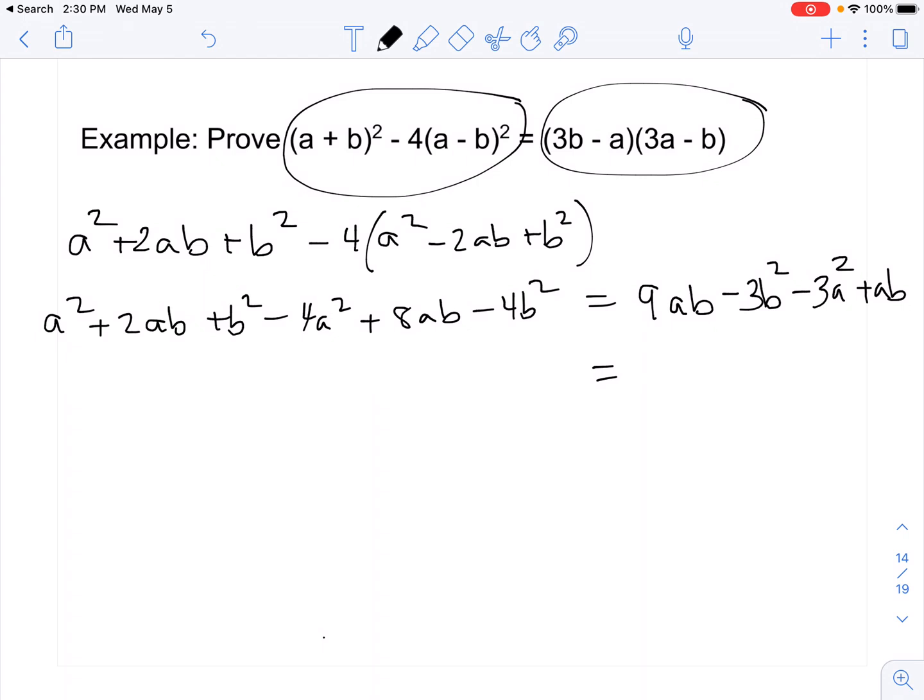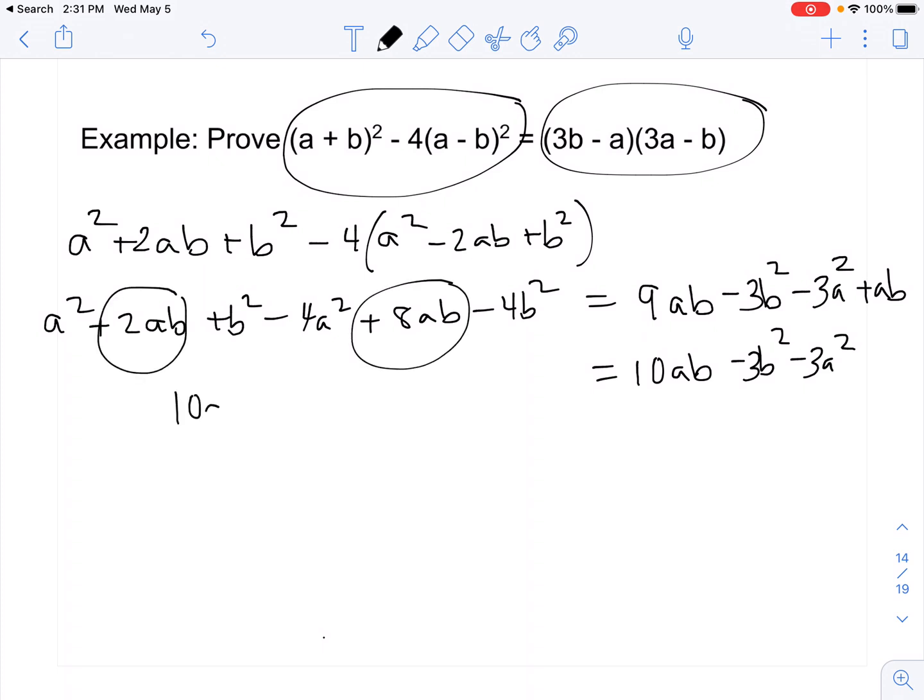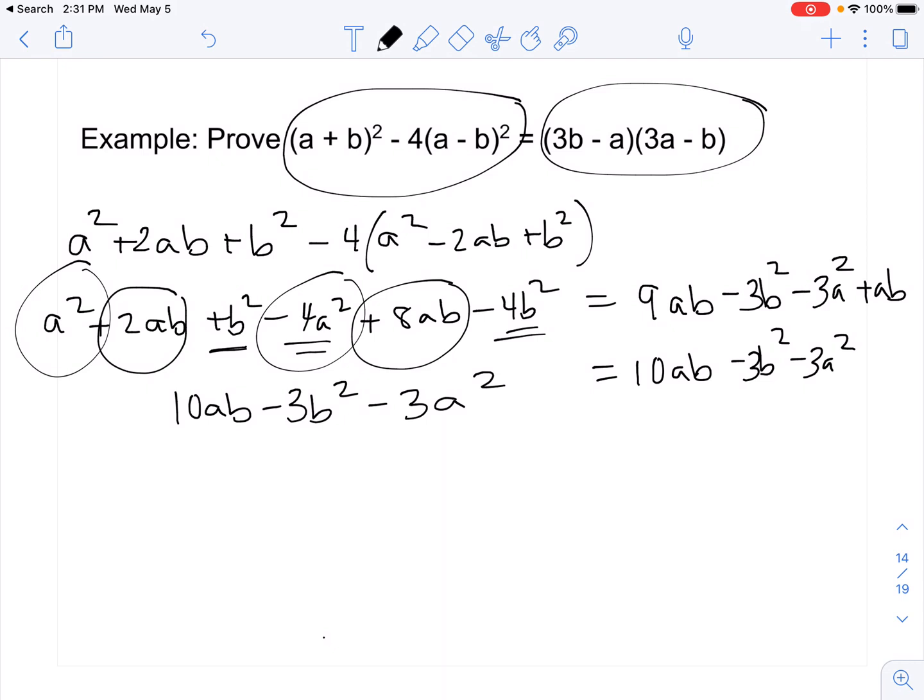And now we simplify and combine like terms. And on this side, how many ab terms do we have? I get 10ab. How many b squared terms do I have? Oops. Minus 3b squared. And how many a squared terms? You can see that I've proved that these are equal at the exact same time. Proof by equivalence.